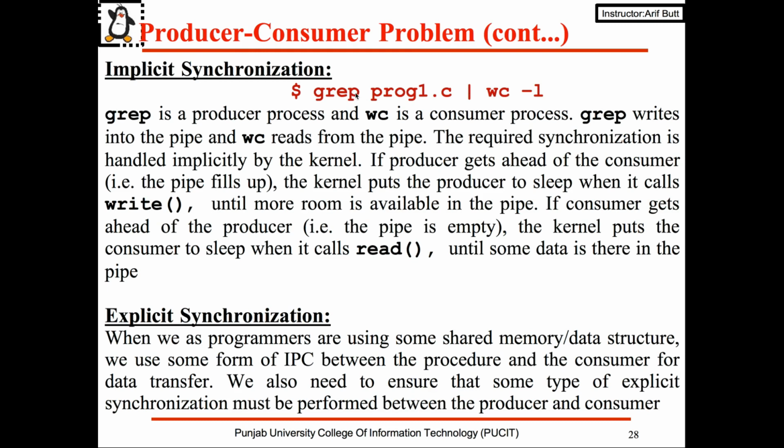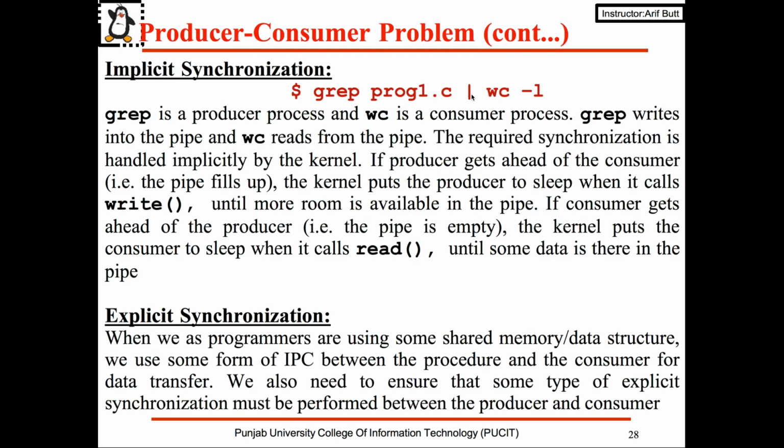If this producer process, grep, gets ahead of the consumer, that is, the pipe fills up, the kernel puts the grep process to sleep when it calls write until more room is available in the pipe. Similarly, if the wc program gets ahead of the producer, that is, the pipe is empty, the kernel puts the consumer to sleep when it calls read until some data is there in the pipe. So this is what is known as implicit synchronization.